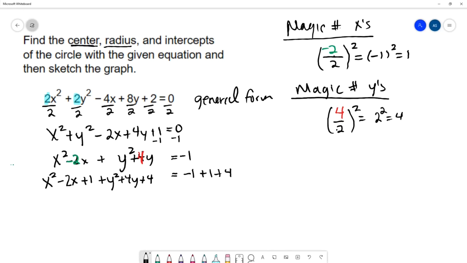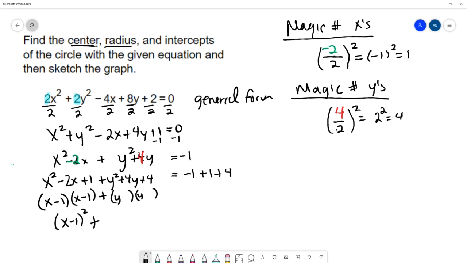I'm going to factor the x group. X times x is x squared. 1 times 1 is 1. And I need to create that -2 in the middle, so I need minuses. And this factors to be x minus 1 squared. I'll factor the y group.